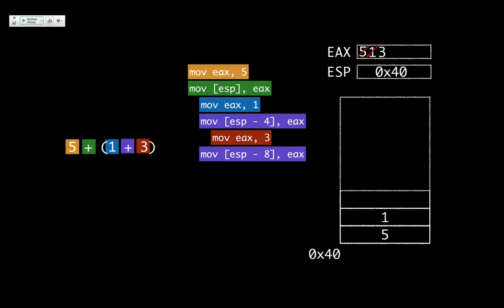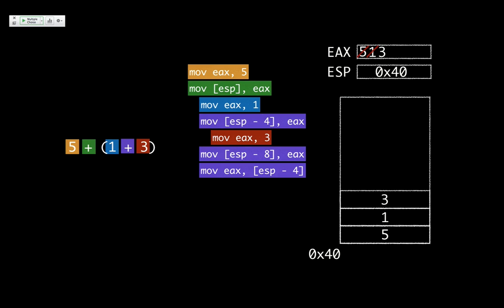For plus, we could store them in either order and add them in either order and we'd be fine. So storing 3 here for plus is kind of unnecessary. We could just add it to 1 here and then move that back into EAX. We could shave off 1 instruction and 1 storage spot. But in general, this is a nice way to do this that avoids any problems with left to right evaluation.